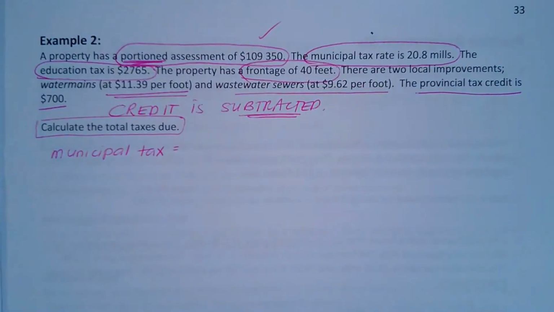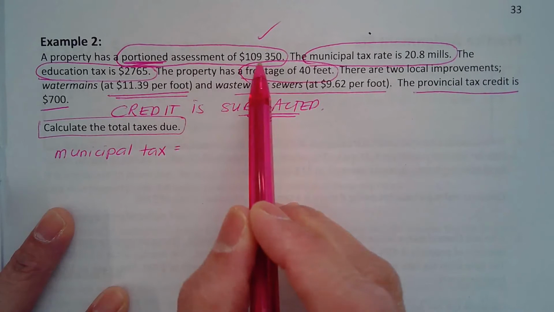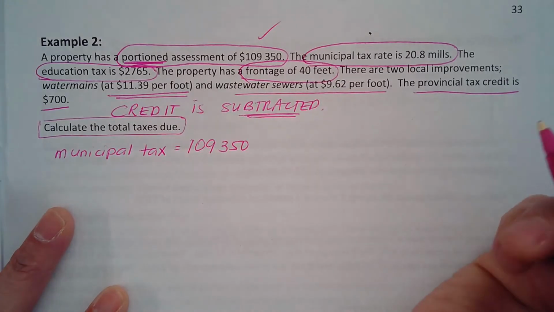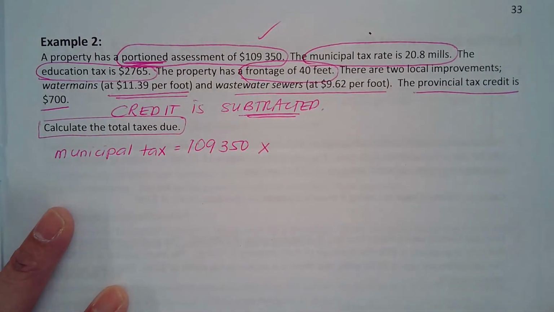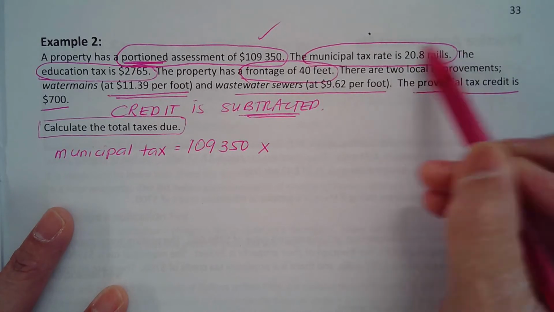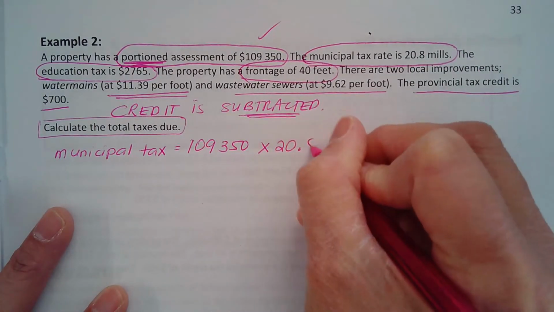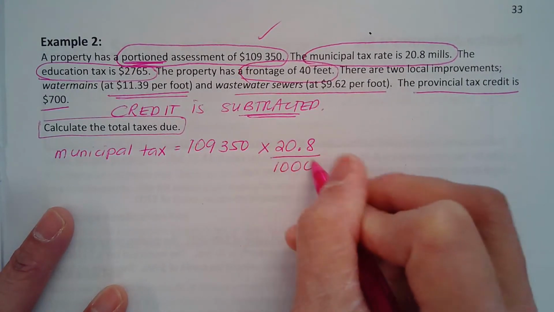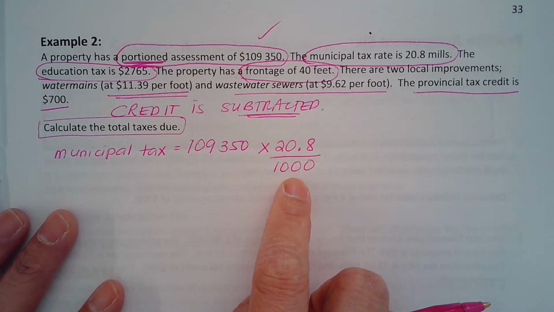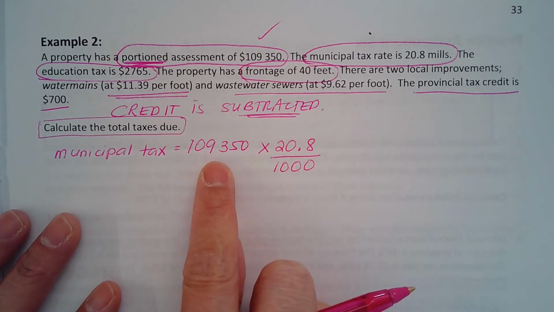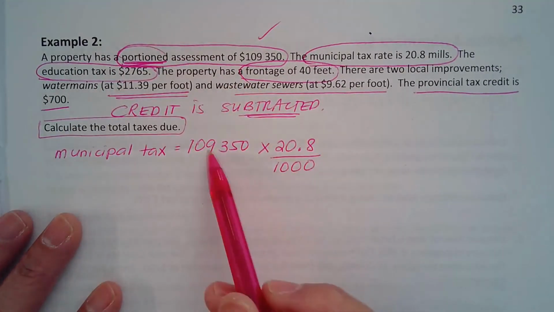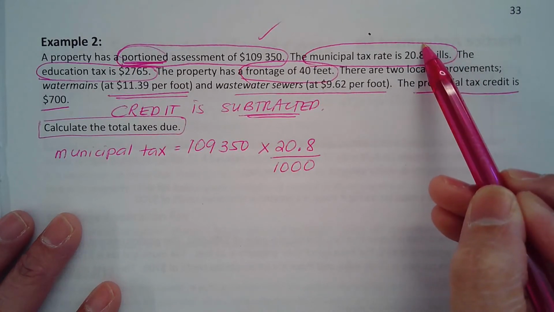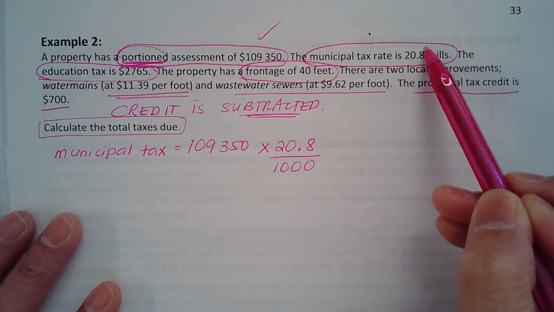So, what's the portion assessment? Here's the portion assessment: 109,350. What do we do? Times the mill rate. What's the mill rate? 20.8. And what do we do after that? Divide by 1,000. Okay, follow the recipe. So the portioned assessment times the mill rate for municipal tax, 20.8, divided by 1,000.